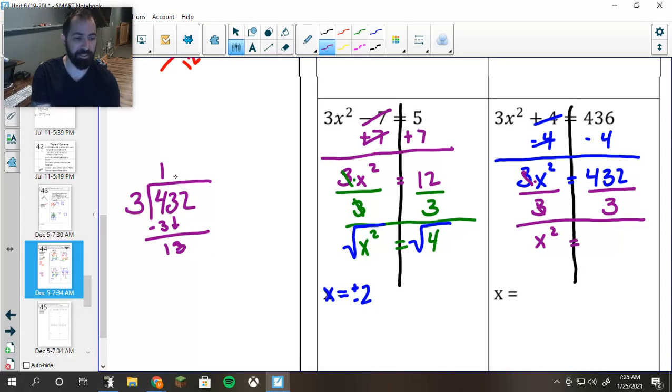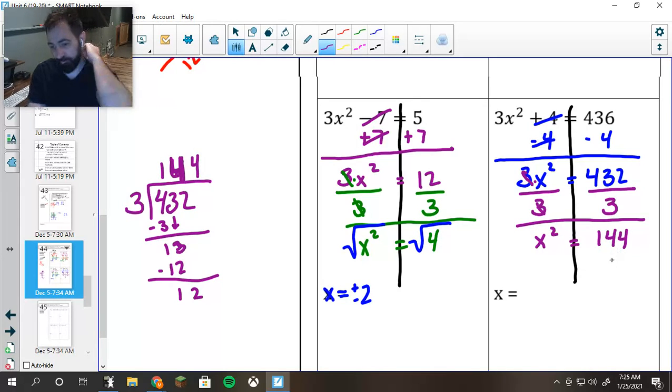We can go into 13 4 times, which is 12, which leaves 1, bring down the 2, and again with our 4. And it's nice when that works out to be a perfect square, 144.